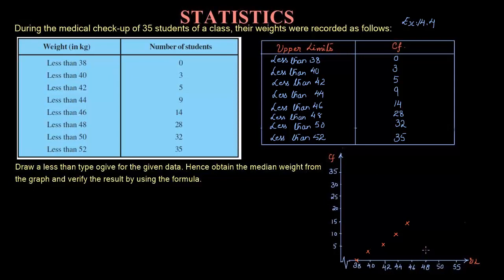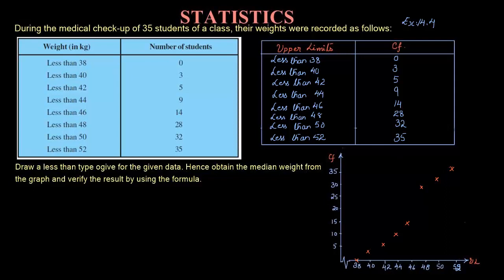It is 28, right? Then for 50 how much is it? 32, little above than 30. Then for 52, how much is it? 35. So let us just mark that.